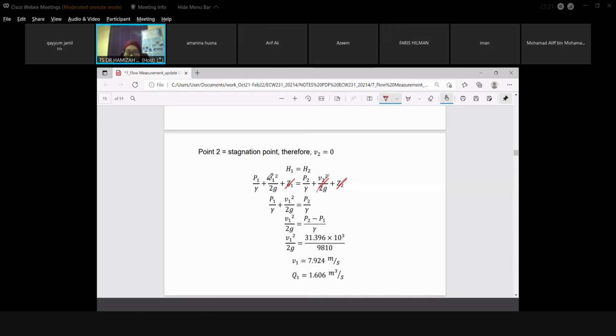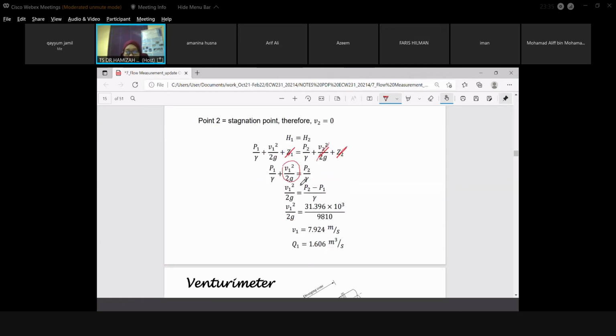So we have pressure 1 minus pressure 2 and also the velocity at point 1, which is the velocity entering the pipe. Then we substitute the value of the pressure difference, and finally we get the velocity of 7.924.